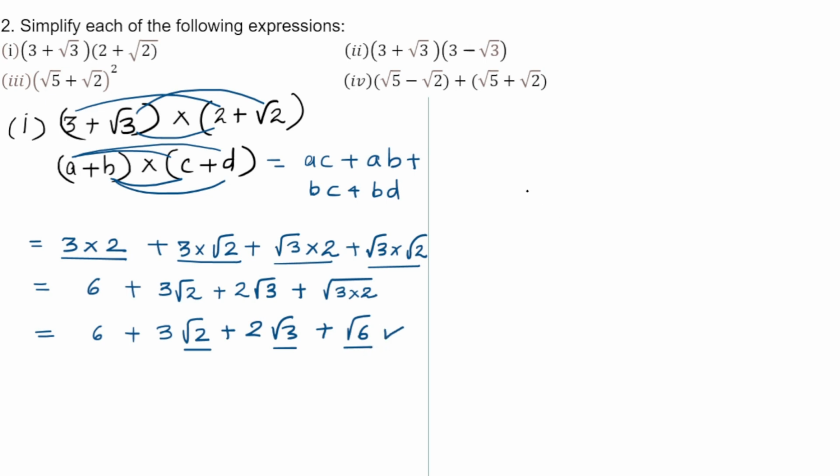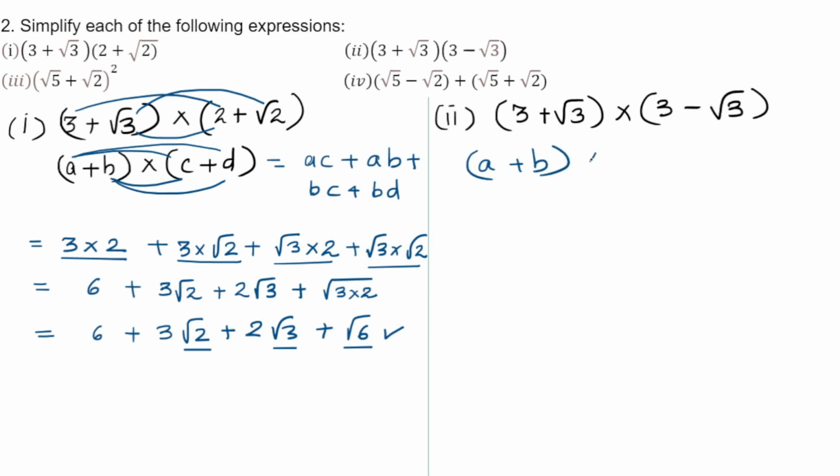Now let us solve question number 2. So question number 2 is 3 plus root 3 is to be multiplied with 3 minus root 3. Now here we can use this identity, which is a plus b multiplied with a minus b, and the identity goes like a square minus b square.